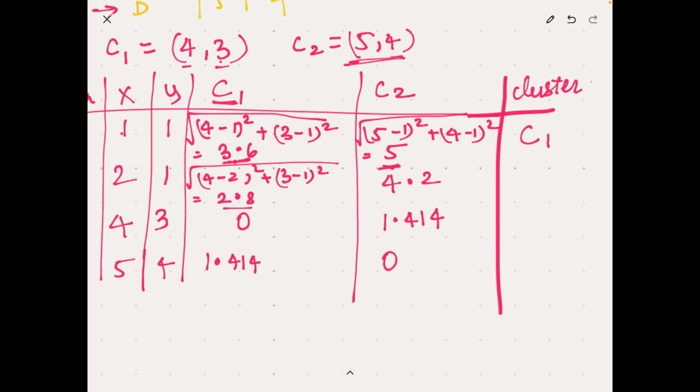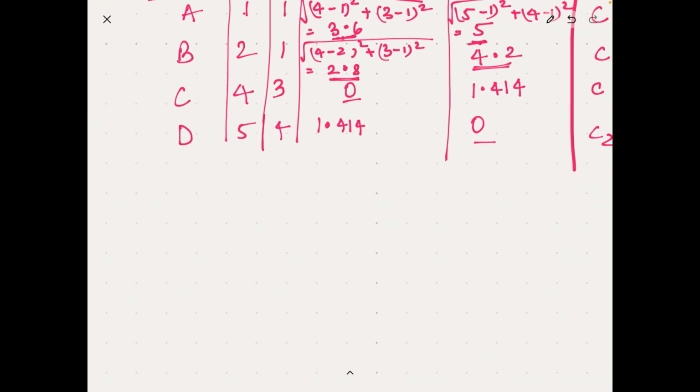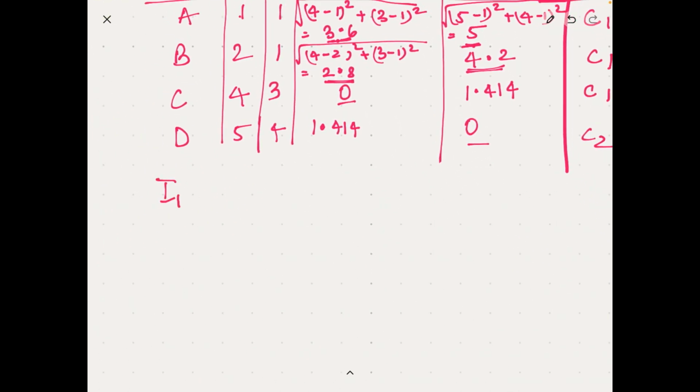Similarly, 2.8 and 4.2, this is going to go in cluster 1. 0, this will go in cluster 1, and this will go in cluster 2. So after our first iteration, cluster 1 has data points A, B and C, and cluster 2 only has D.